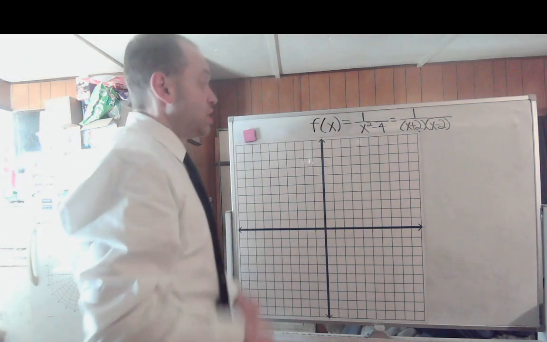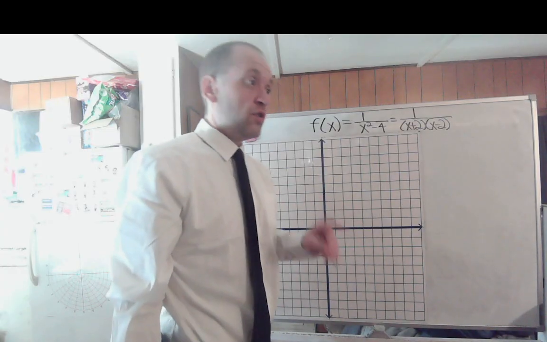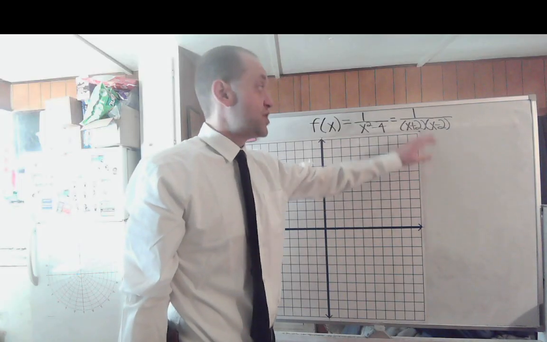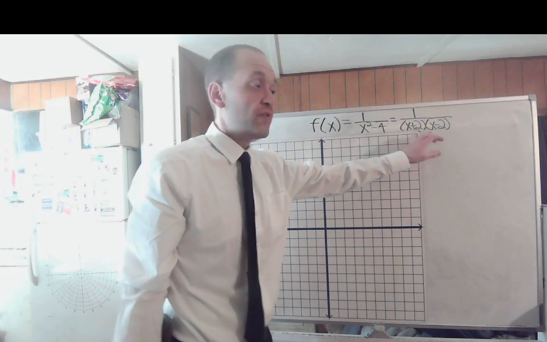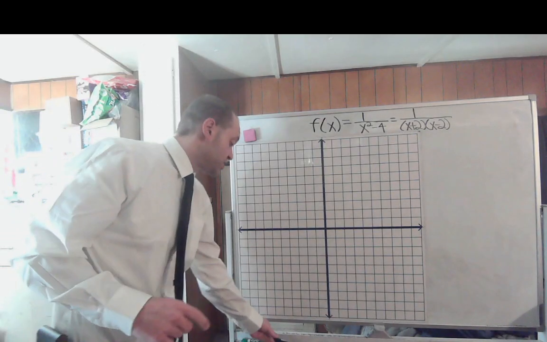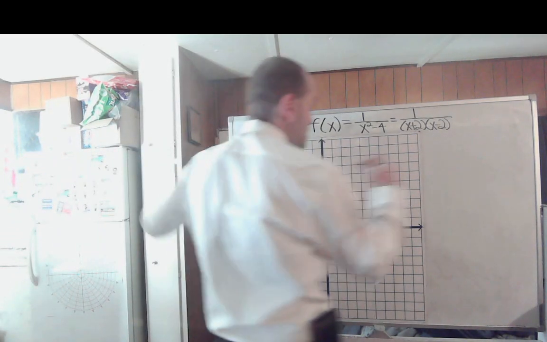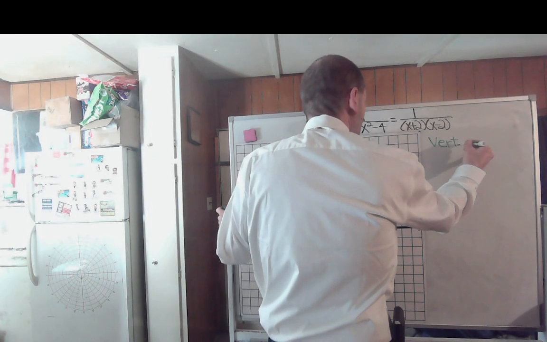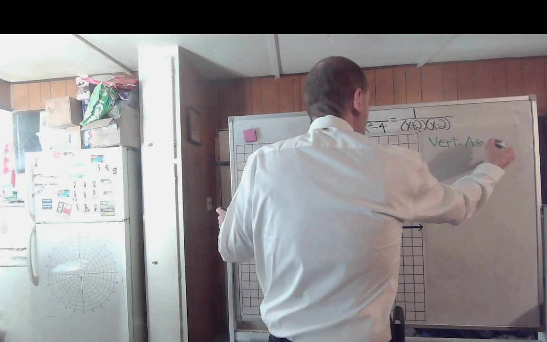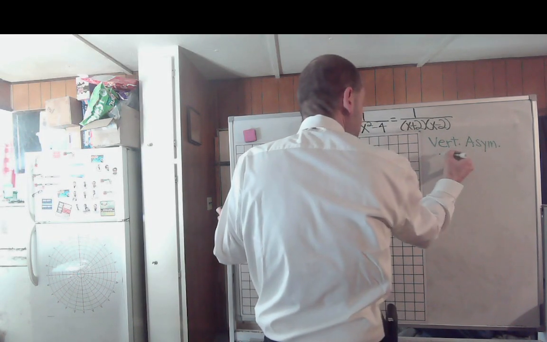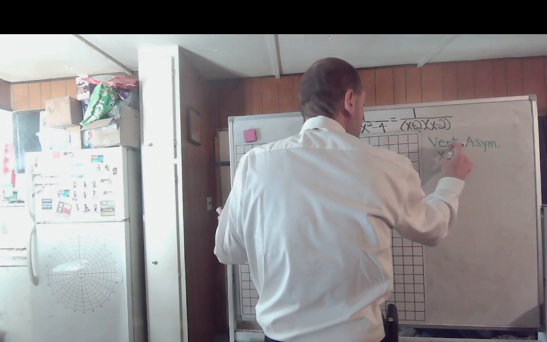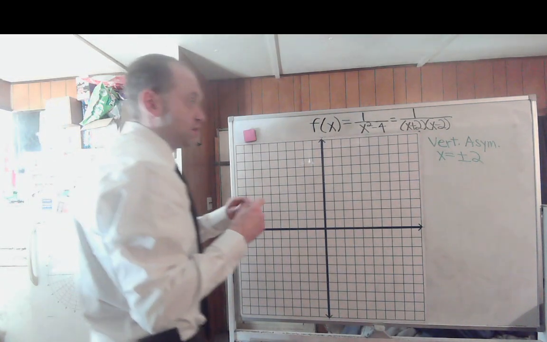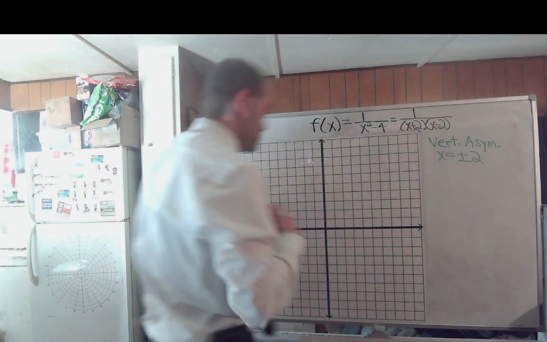Well, again, vertical asymptotes occur when your denominator equals 0. You have two factors, so if you set each factor equal to 0, you actually have two vertical asymptotes. You have vertical asymptotes that are going to occur whenever x equals either positive or -2. So you have two vertical asymptotes when x equals either positive or -2.